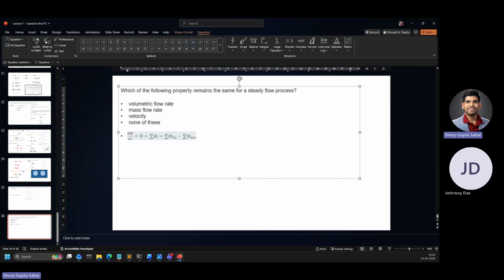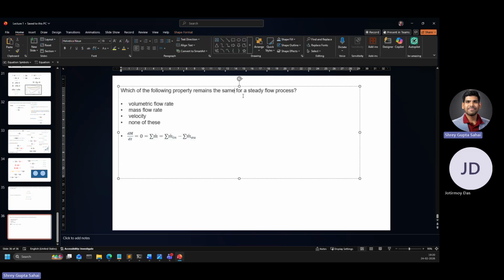So the total mass inflow is equal to total mass outflow, and that is what remains constant in time. They have also not mentioned remain the same, they say, but they should be constant in time. But largely mass flow rate is the correct answer.